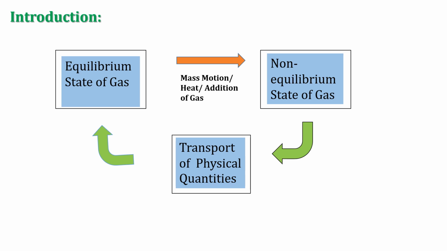Here we explain the equilibrium and non-equilibrium state of gas. The gas is said to be in equilibrium if its behavior is steady with time. It means no net changes can occur in a gas system.